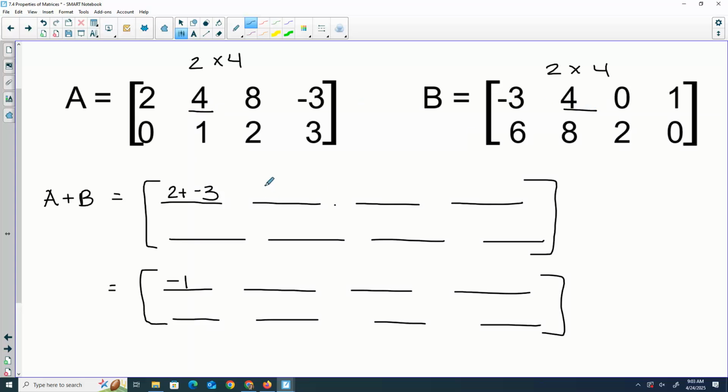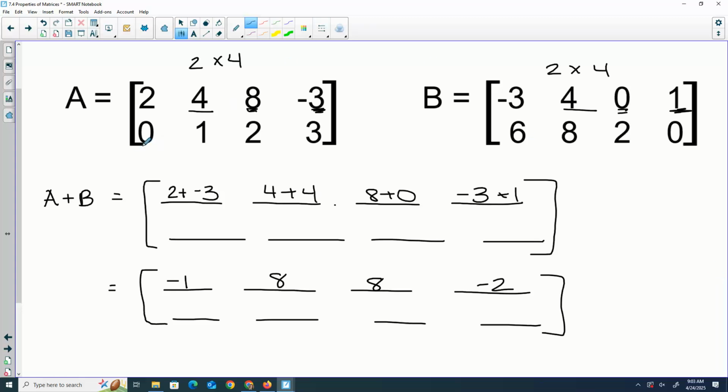So we have to do 4 plus 4. So we get 8. Next one. 8 plus 0 is 8. Last one. -3 plus 1 is -2.